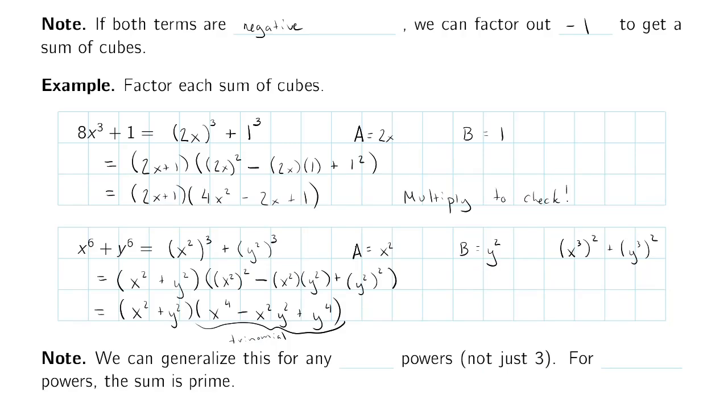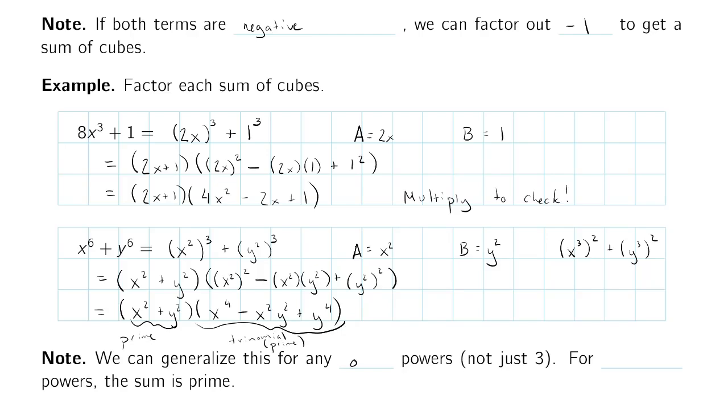Of course, this guy now is definitely prime. And it turns out that this guy is prime also. So we got a little ways, but not very far by thinking of this as a sum of cubes. So difference of squares, difference of cubes, we can generalize that for any power.